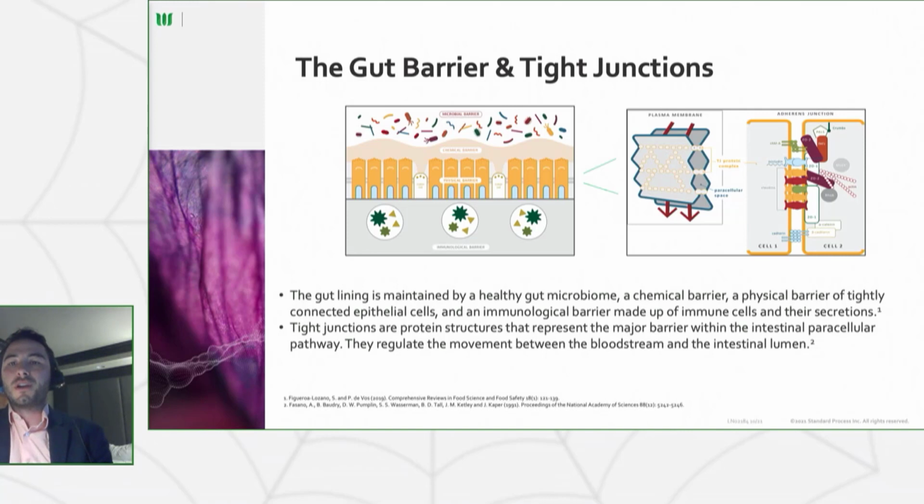Those ultimately separate that microbial layer, which can be very helpful for us in a number of different ways. But keeping that and the immunological barrier separated helps to regulate our body's immune response, where so much of the immune system resides in the gut. Maintaining this barrier is important for being able to respond to all sorts of external threats in that semi-internal, semi-external environment of the lower GI.